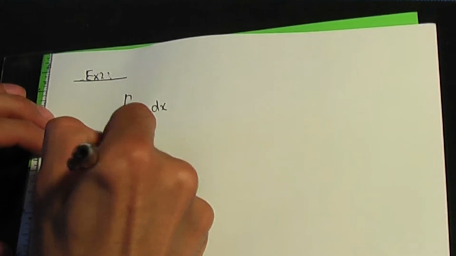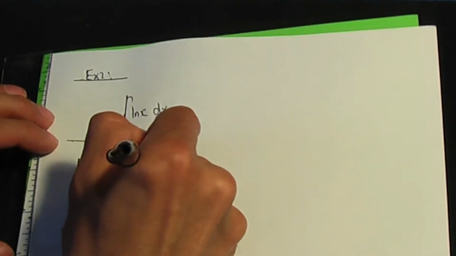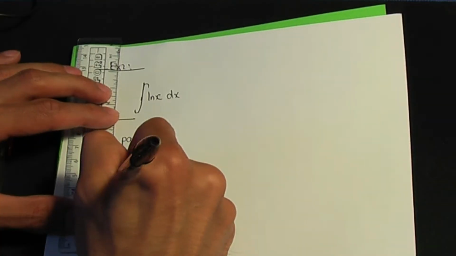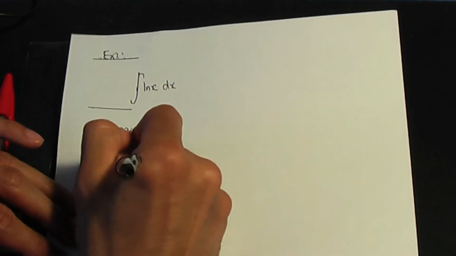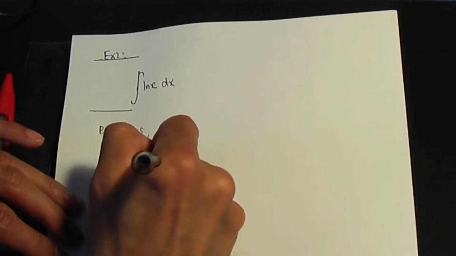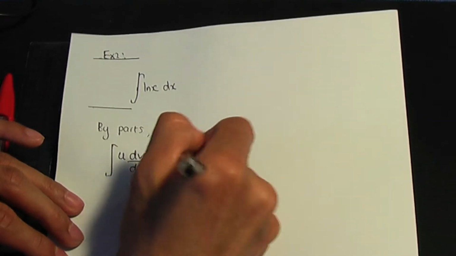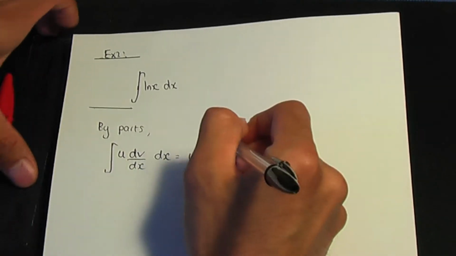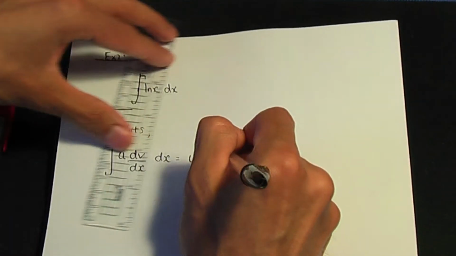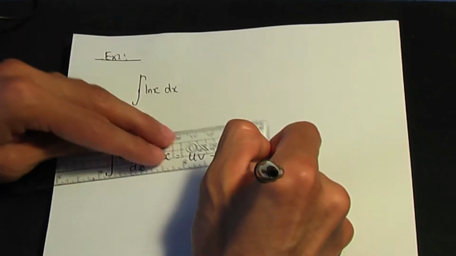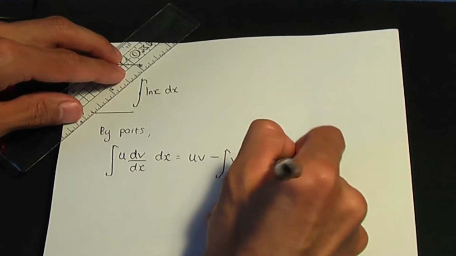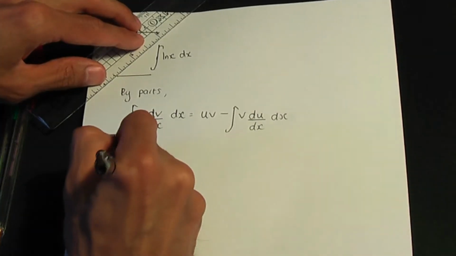So let's try by parts. So remember the formula. Integration of u dv over dx with respect to x, that's uv, minus integration of v du by dx with respect to x.